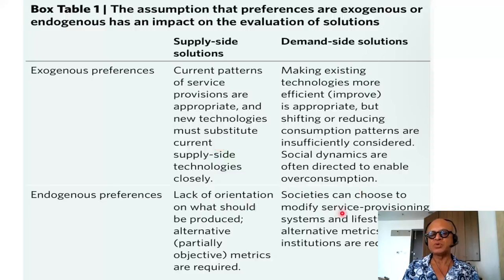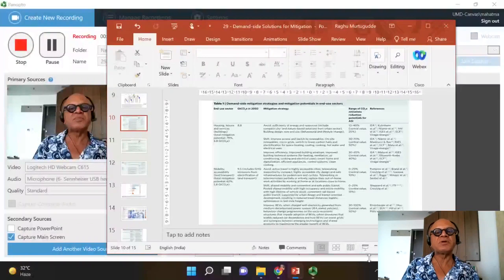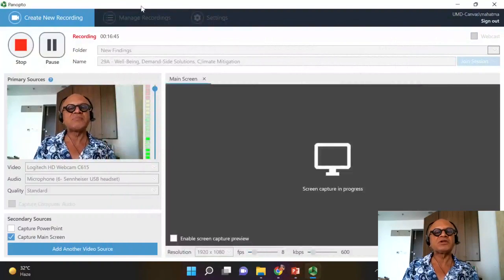On the demand side solutions, societies can choose to modify service provisioning systems and lifestyles, so alternative metrics and institutions are required. In other words, well-being needs to be properly defined and considered for synergy with demand-side solutions. We cannot just assume that people are buying things because they think it's good for their well-being.